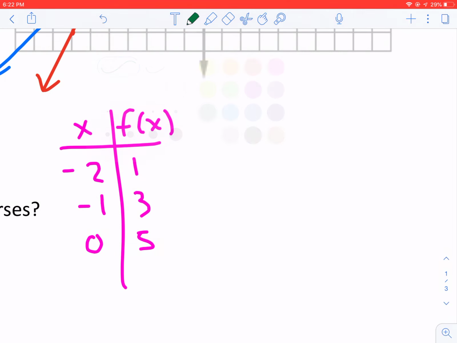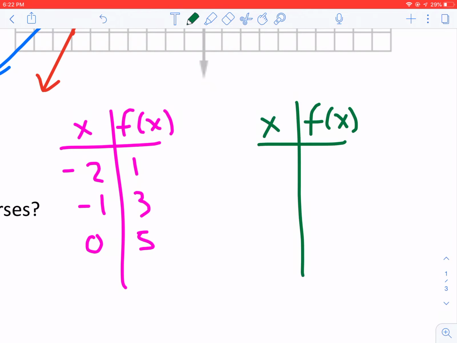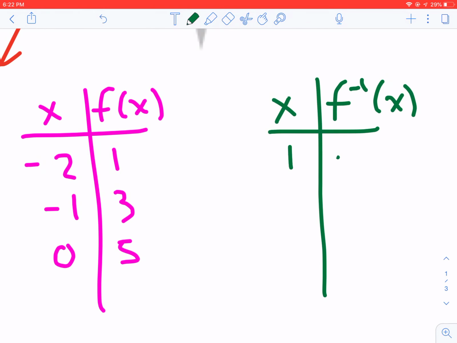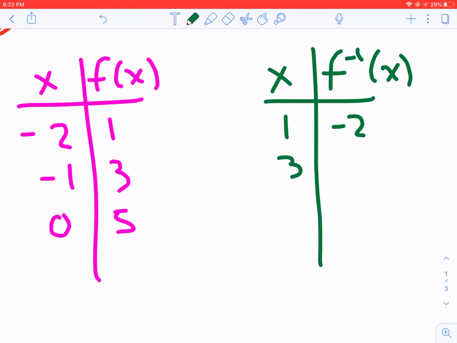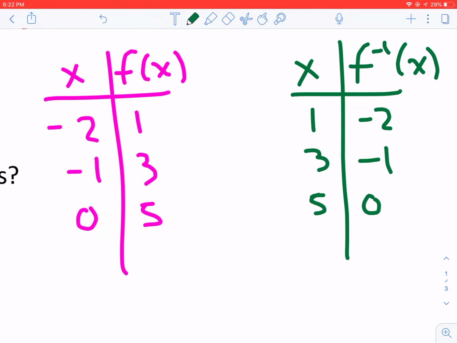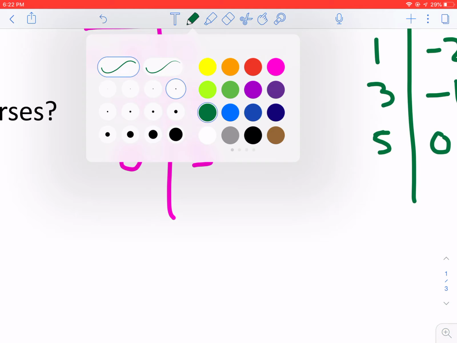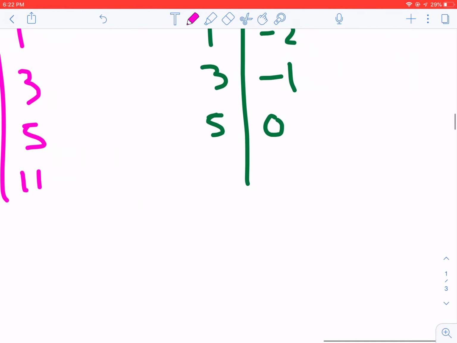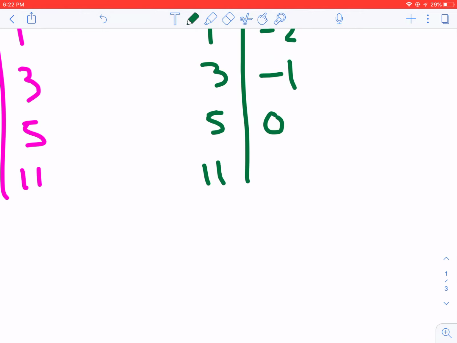And in the inverse function, all of those points got reversed. So it became 1, negative 2, 3, negative 1, 5, 0, etc. And this is going to be true for all points, right? Now I'm just going to plot one more. 3 comma 11 would be a point. In the inverse, that would become 11 comma 3.